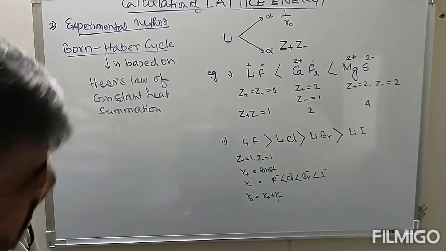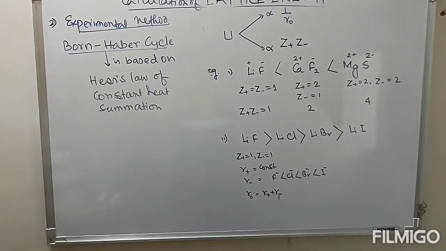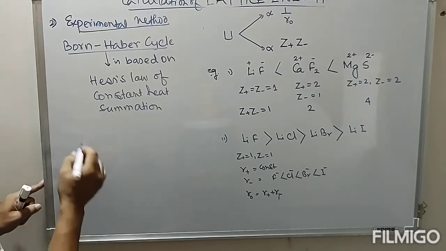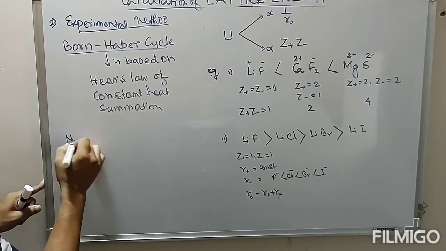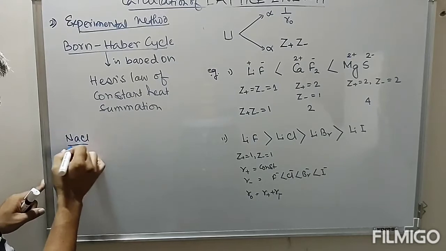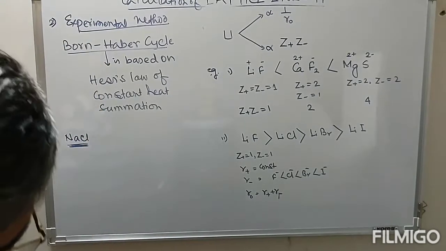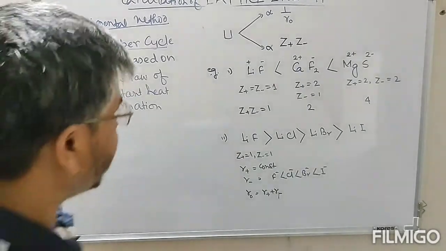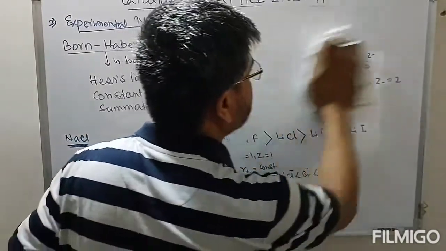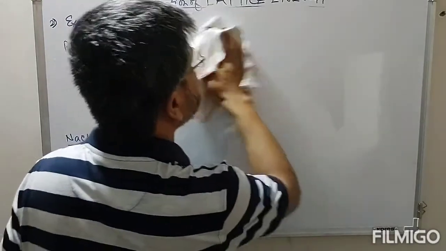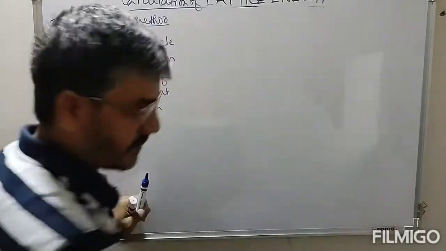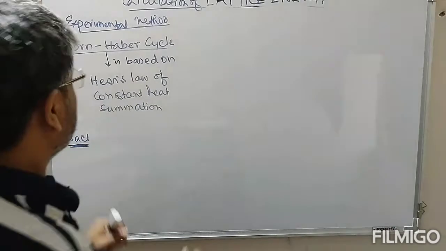Now let's explain this by use of this example, that is formation of NaCl. So we can explain this experimental method by use of this formation of NaCl, sodium chloride. Now let's take this.